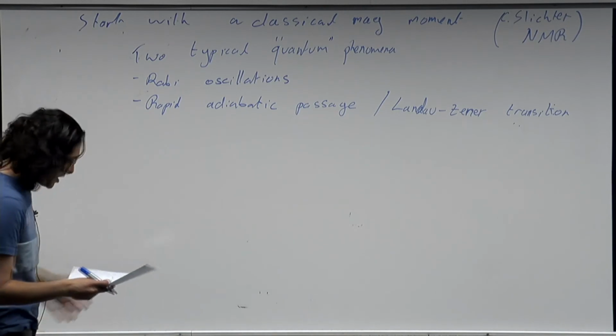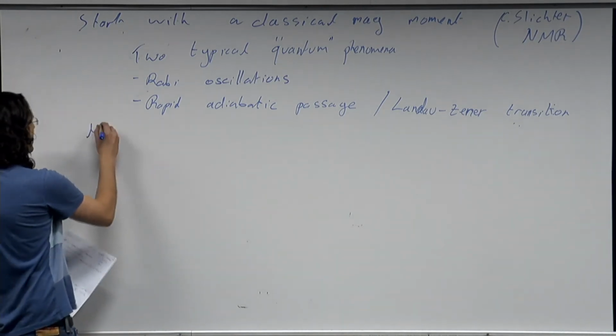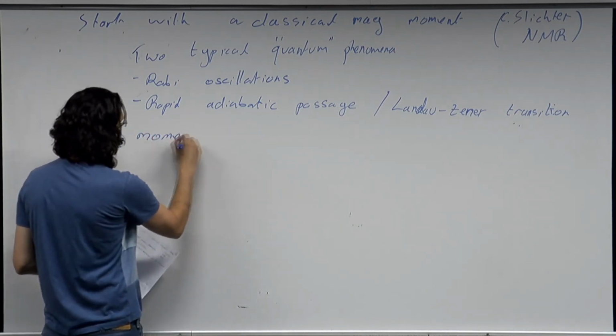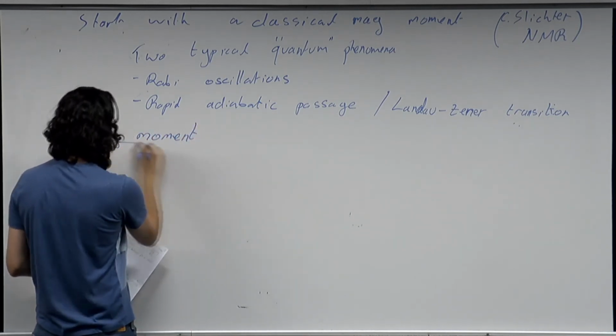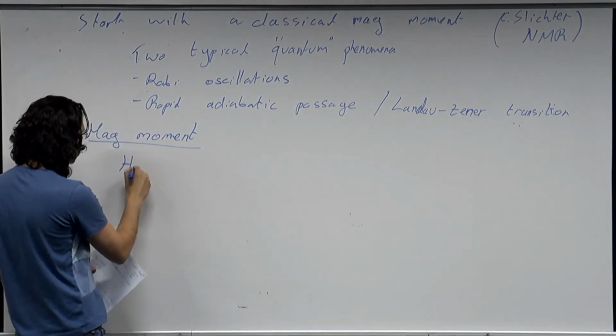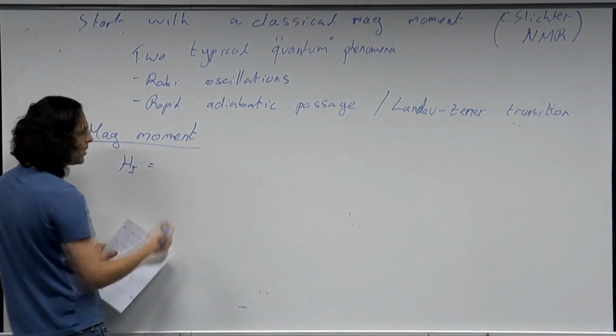Okay, so let's start very simply with a magnetic moment. And the Hamiltonian for a magnetic moment, the interaction Hamiltonian with the magnetic field.